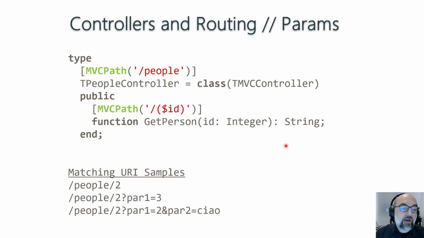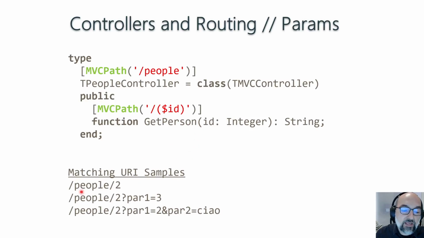The MVCPath also allows defining parameters. As you can see with this notation, open parentheses, $ parameter name, close parentheses, I can define a placeholder for parameters.